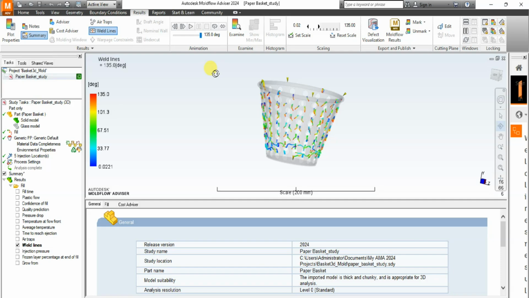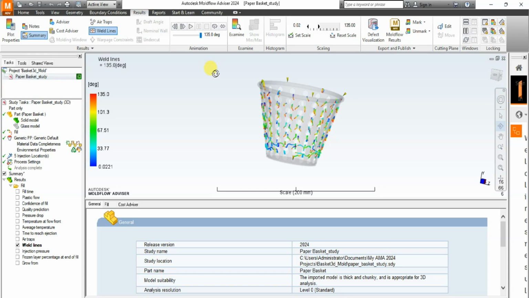Pressure is zero at the time the weld line forms. Typically, a good weld will occur if the temperature of the melt where the weld line forms is no more than 20 degrees Celsius below the injection temperature.